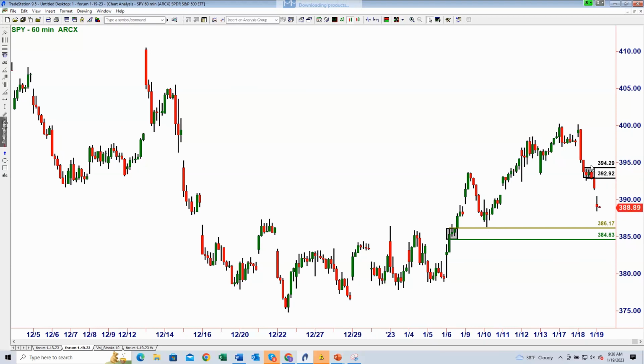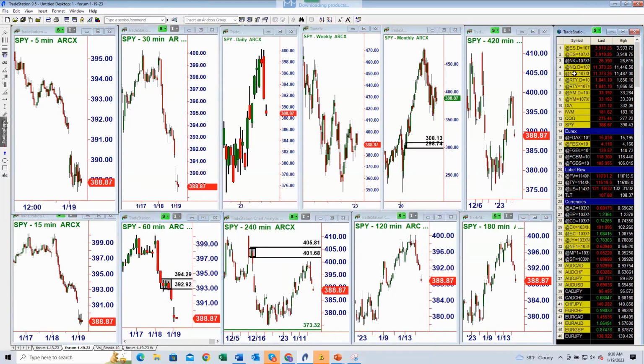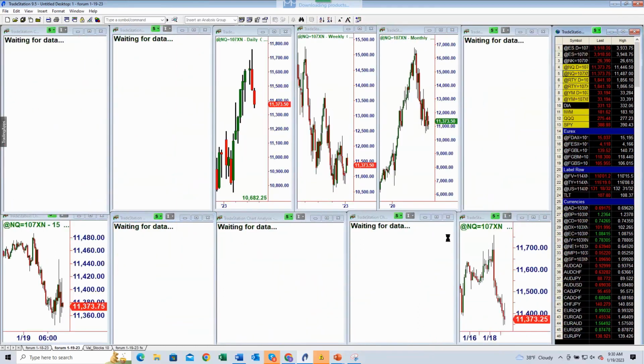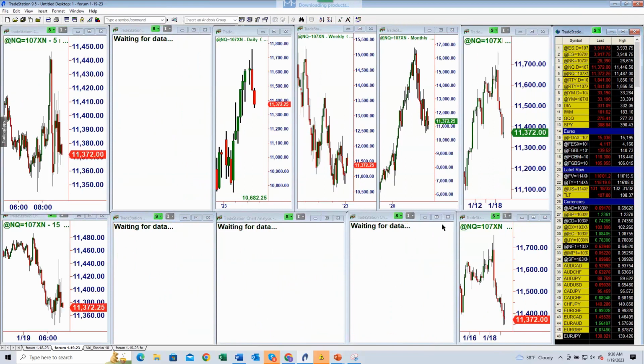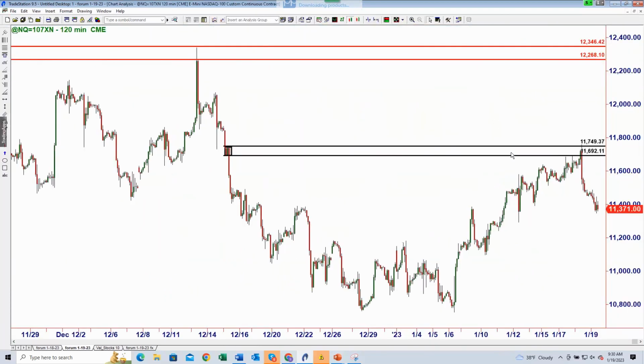Okay. Notice this zone right here, see the location of it? It's inside yesterday's decline in the market. Compare that to, let's go back to the NASDAQ for a moment. You'll see that supply zone, that's yesterday's high. So this was outside of this range.